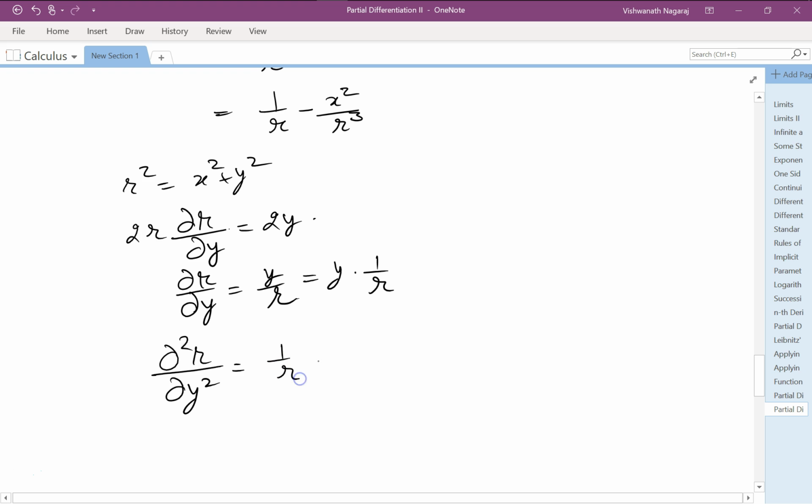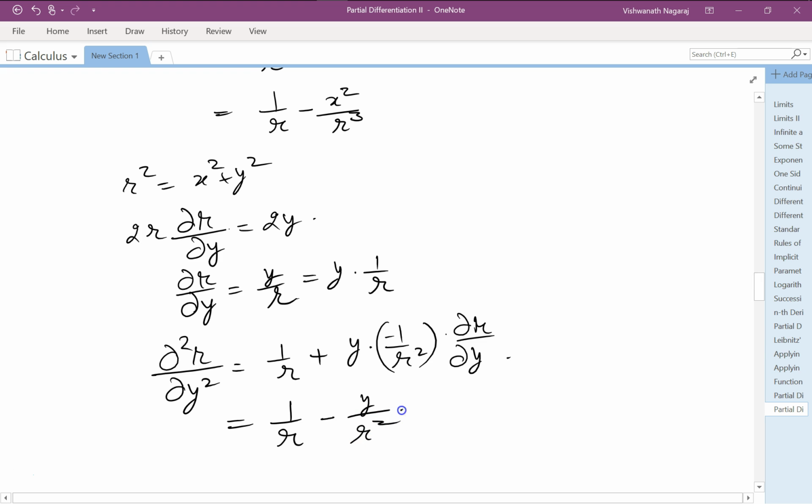So 1 by r plus y as it is, 1 by r becomes minus 1 by r square, and dou r by dou y. So 1 by r minus y by r square, and dou r by dou y is y by r. So 1 by r minus y square by r cube.